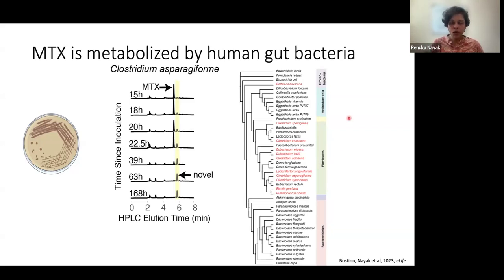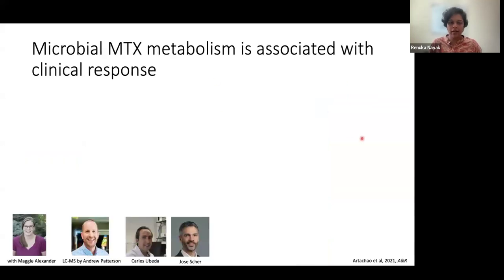But when we looked at 40 different gut species, we found that the ones highlighted in red can transform or metabolize methotrexate. And what you can see here too is that most of them reside in this one phylum, the Firmicutes, except for this one, Delftia. And that's actually not a gut bacteria, that's a soil bacterium. That was our positive control, right? People in the 1960s or whatever had found that soil bacteria can metabolize methotrexate. We also saw that in our assay.